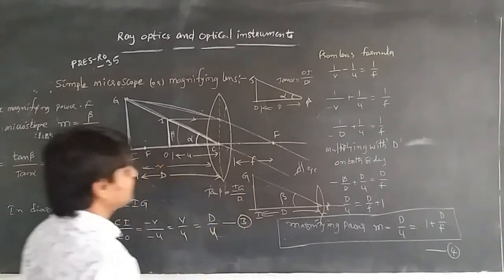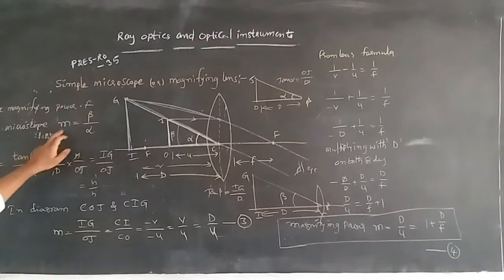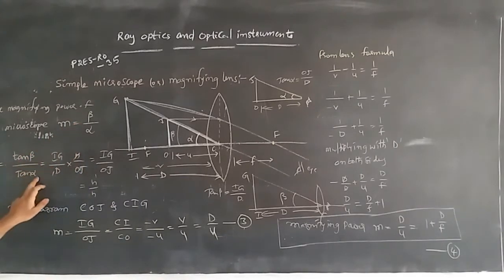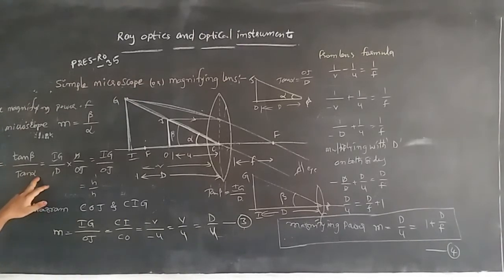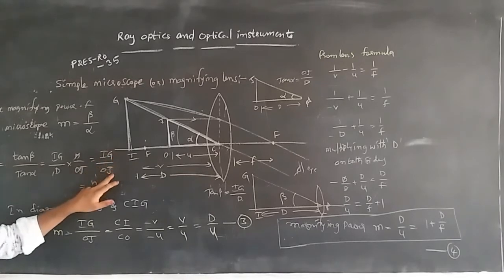From that relation, the magnifying power is beta by alpha, that is tan beta by tan alpha, the angle subtended by the image at the eye and the angle subtended by the object at the eye. So m is equal to tan beta by tan alpha, which gives IG by OJ.